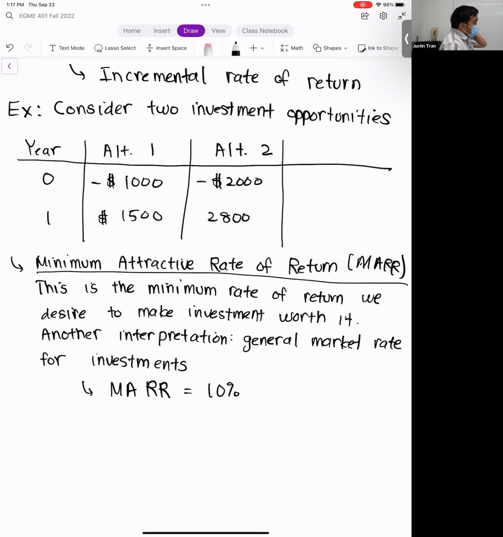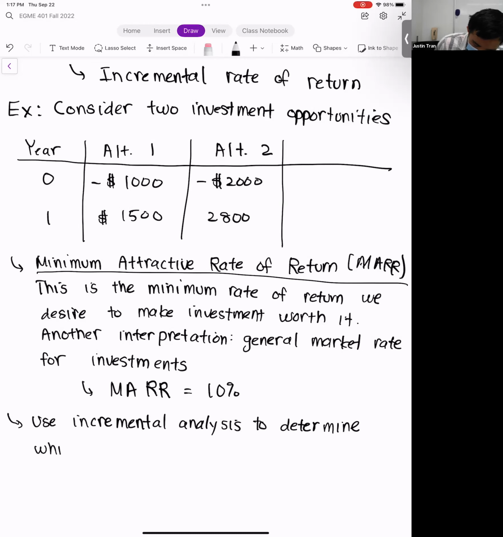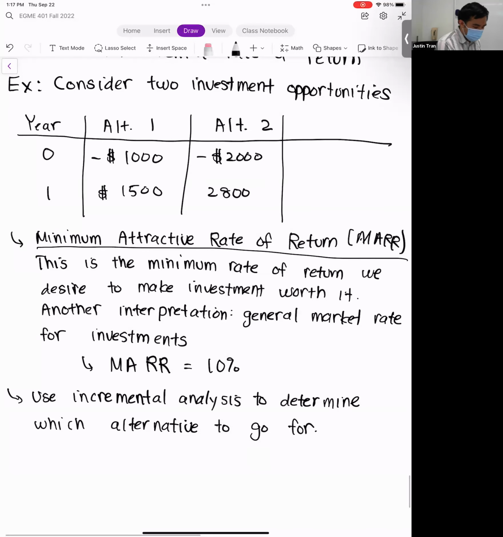Based on the information that we have here, we want to determine which alternative we want to go for. Any questions so far on any of this?